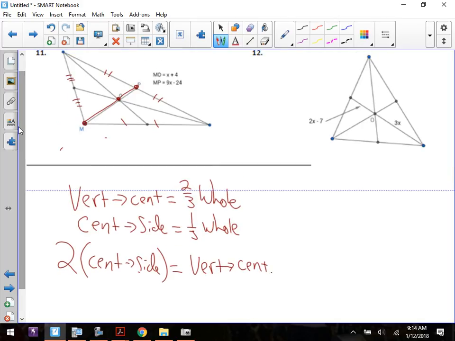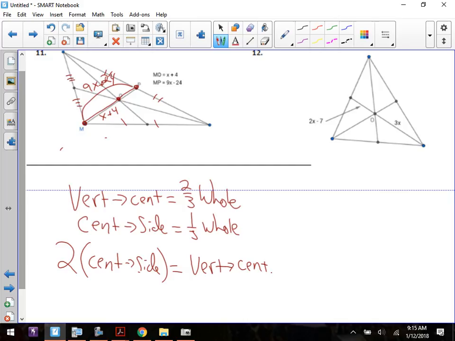And I think after we did a few of these types of problems, you guys just kind of got it. So when you're looking at this first one, you have MO and MP. MO is the vertex to centroid, and MP is the whole thing. Is that plus 24?